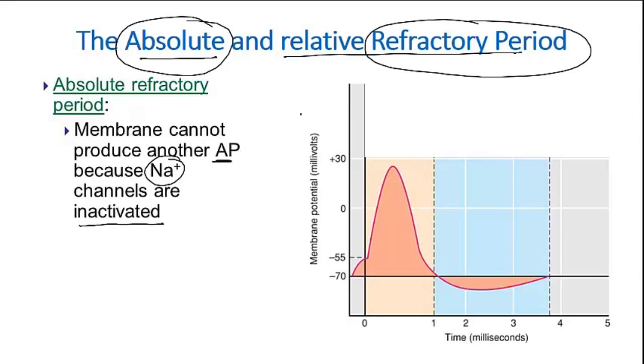Many sodium channels are inactive and will not open no matter what voltage is applied to the membrane. Most potassium channels are open. This period is known as the absolute refractory period. If you look at the graph, the time from this point to this point is the absolute refractory period.